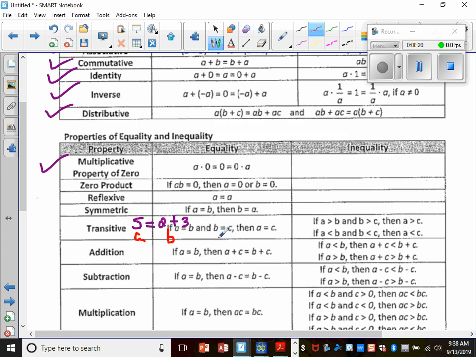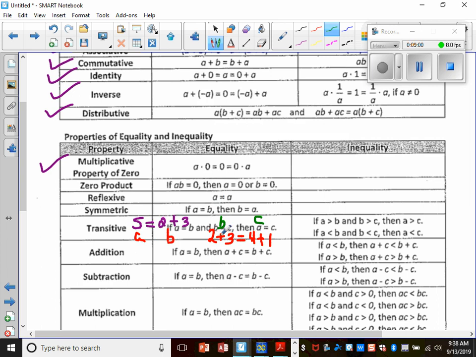Now it says take your B, well, my B is 2 plus 3, so I'm going to say 2 plus 3 equals, now give me another 2 numbers that can equal 5. 4 plus 1, you want to do that? All right, so let's say 4 plus 1. So now this is my B, and this is my C. So this says if that's true, then that means A has to equal C.